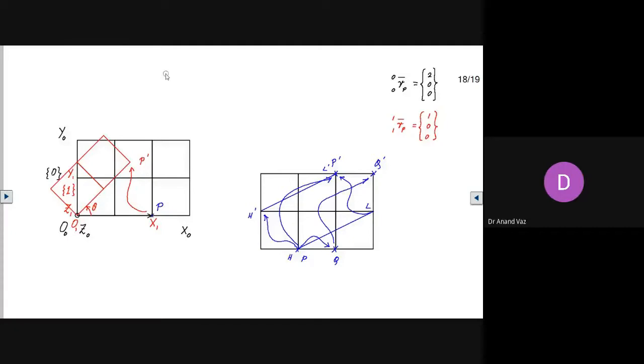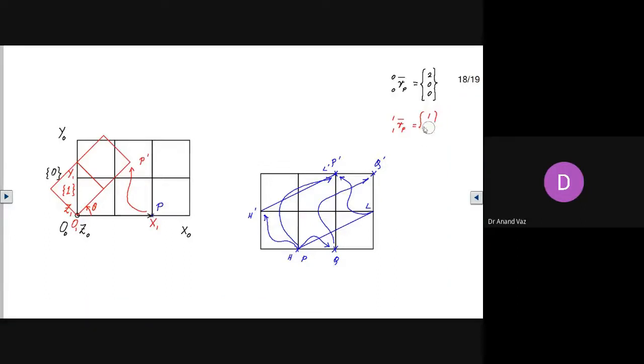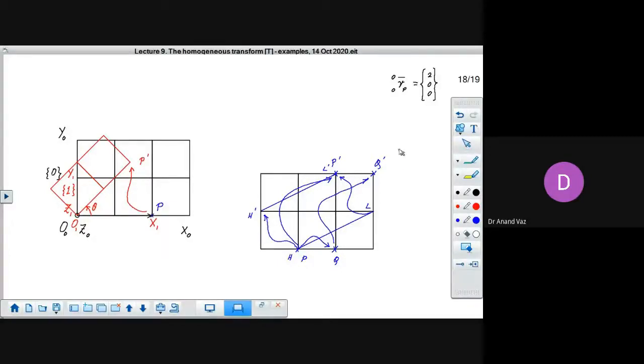So, how are we going to get this particular rotation? If we look at it from the transformation point of view, we already have the position vector of the point P. I'll also shift this a bit.